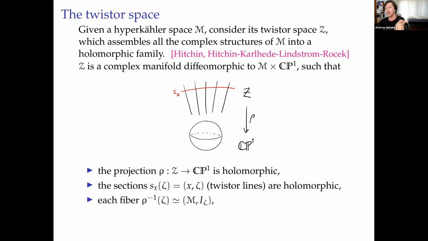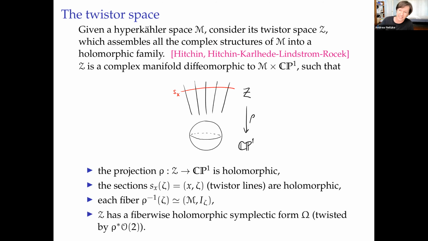And following along those sections gives you the diffeomorphism between the different fibers, identifies them all with M. And then the last thing is that M had complex structure, but also all these Kähler forms. And to get the metric, you need the Kähler forms. So the way that those appear in the twistor space is actually as a fiber-wise holomorphic symplectic form. So it again gets recoded into holomorphic data.